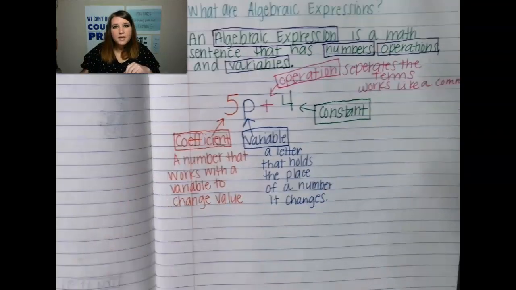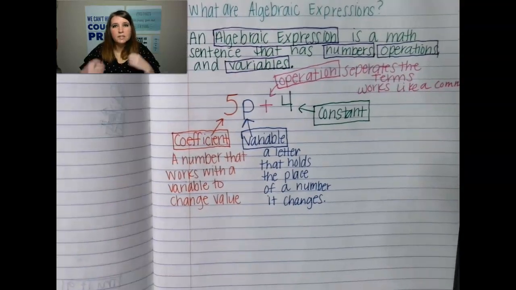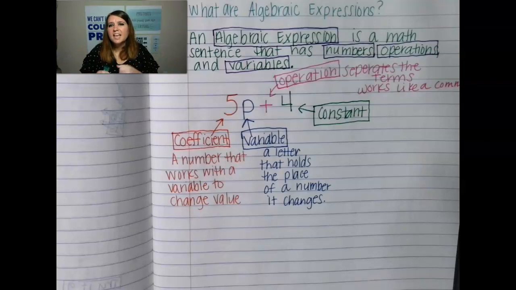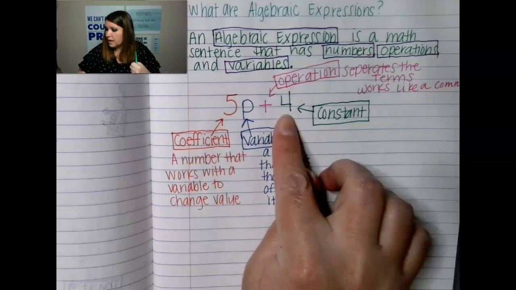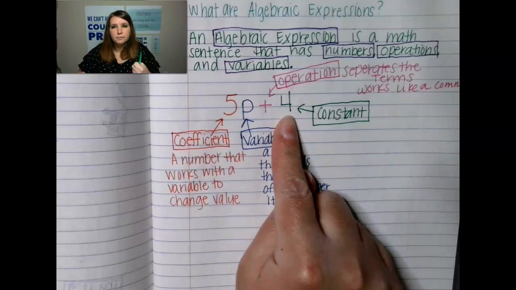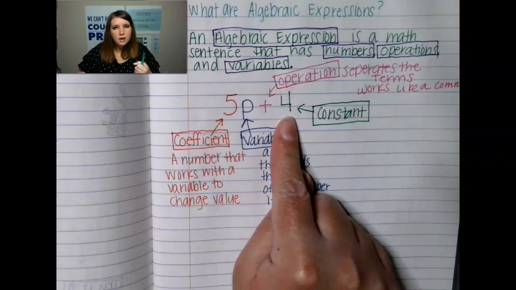The number that is always by itself is called a constant. It stands alone. It doesn't need anything to have a value. It is able to always know its worth. It doesn't need to change. A 4 is a 4 is a 4.